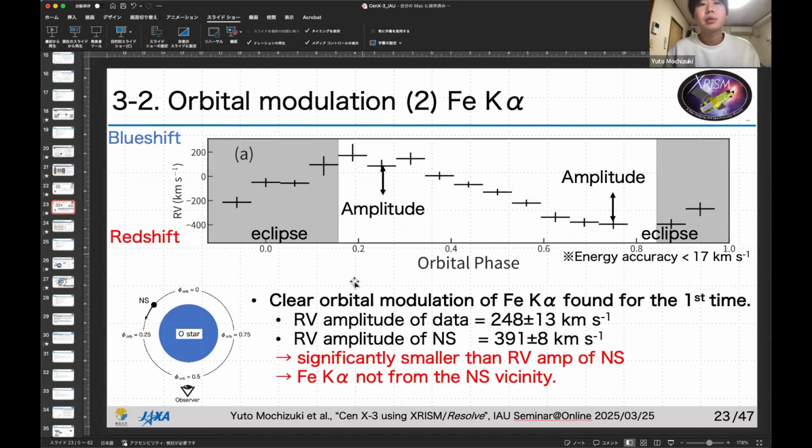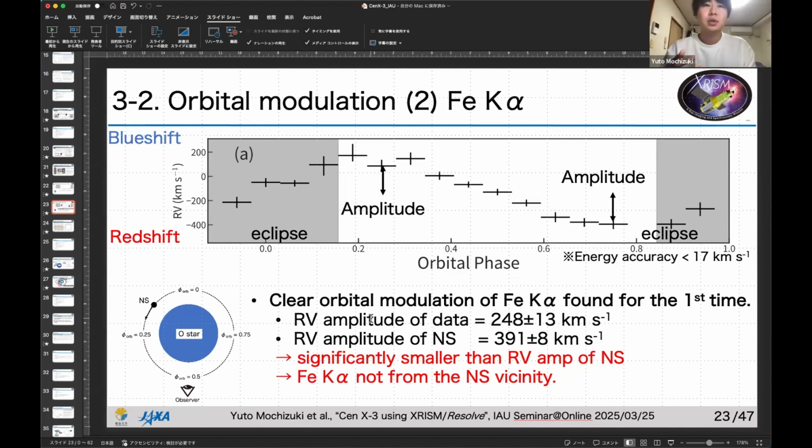the radial velocity amplitude of the iron curve shows 250 kilometers per second. To explain this amplitude, and the phase offset is about 0, that material is orbitally modulated with the neutron star.